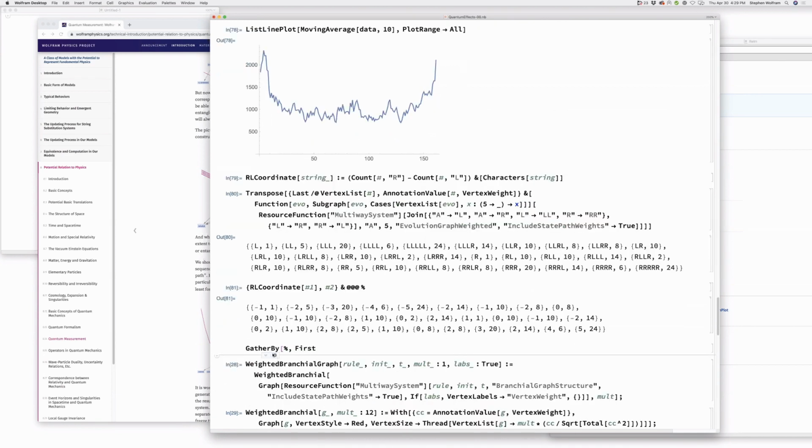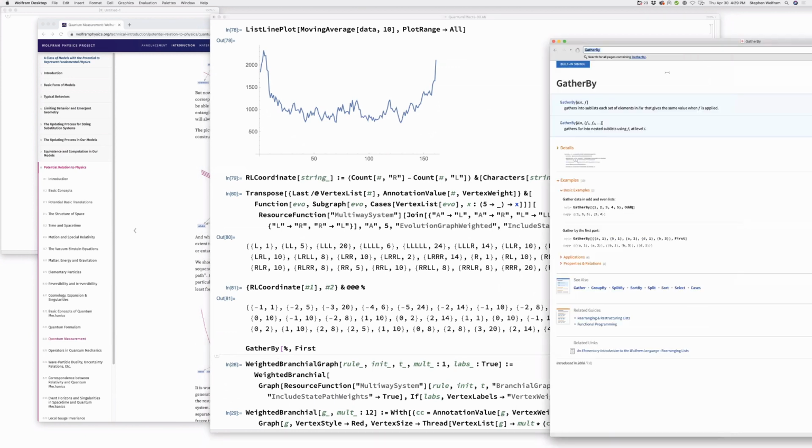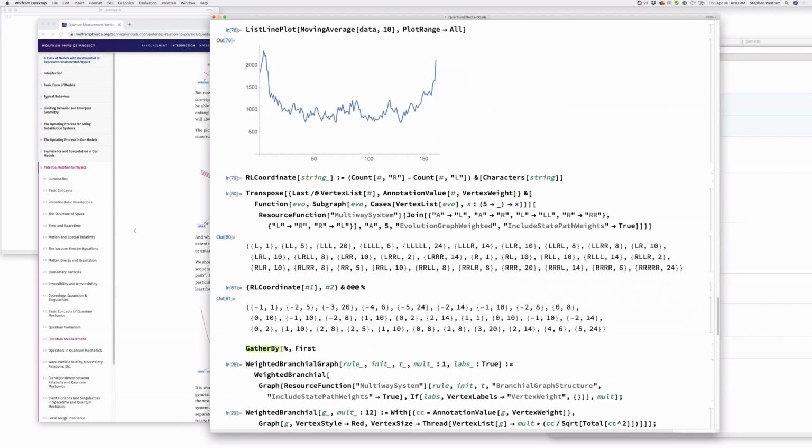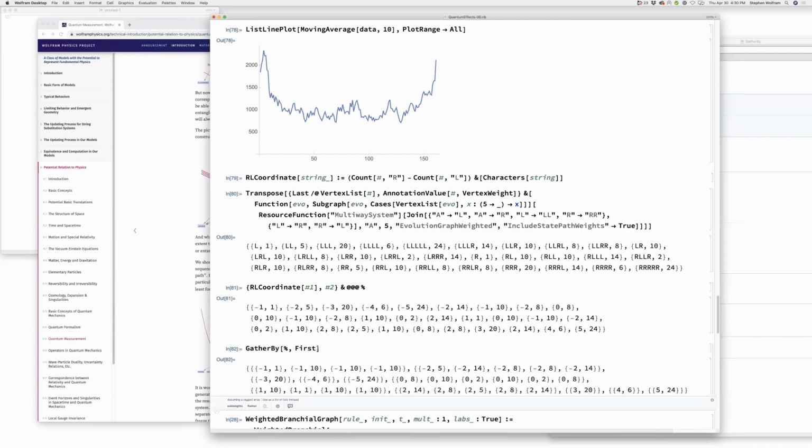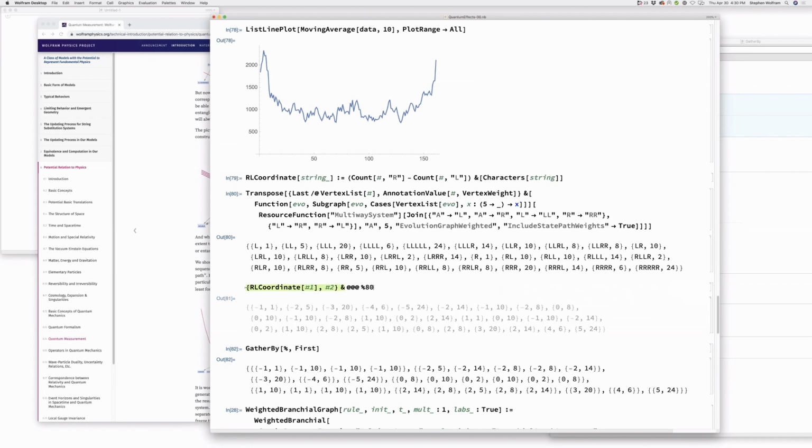Oh, there we go. Gather sublists which are the same as given. Okay, so we can just map it onto this. Then we gather this, and then for each of these, let me get this in some semblance of something we can actually work with. So let's say gather by.